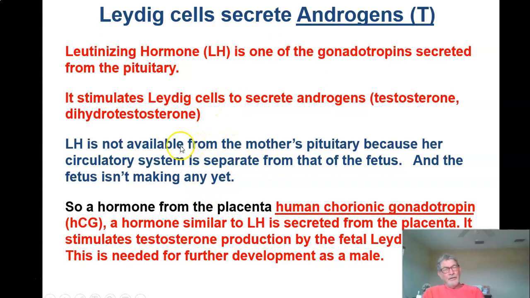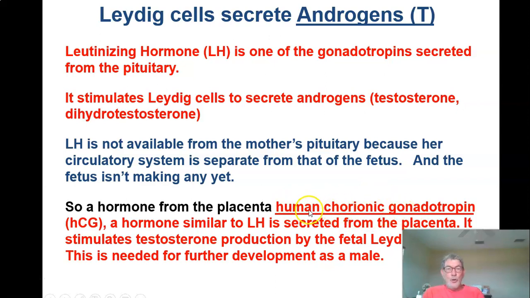Now the layer of the placenta that largely makes hormones is called the chorion. The chorion is that part of the placenta. Because you need luteinizing hormone to stimulate Leydig cells to make testosterone so you can become a male, your placenta starts making fake luteinizing hormone.